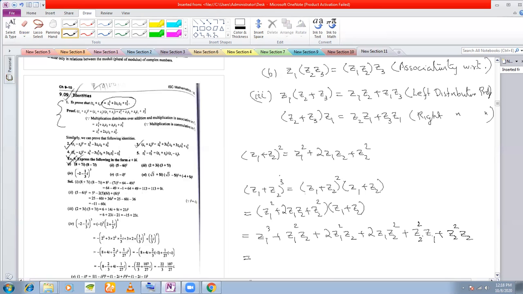Okay, so this one is Z1 cube plus, now see, Z1 square Z2 and twice Z1 square Z2 combine to become thrice Z1 square Z2.